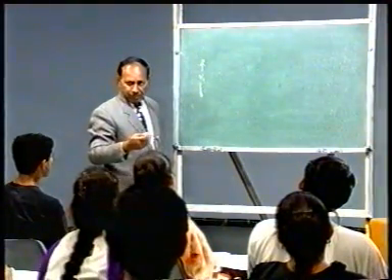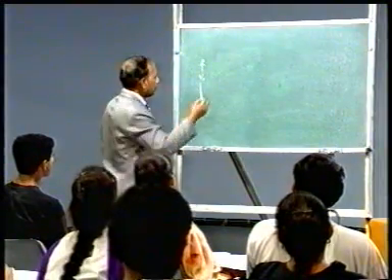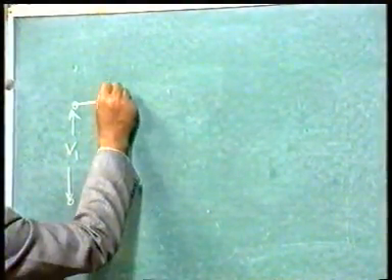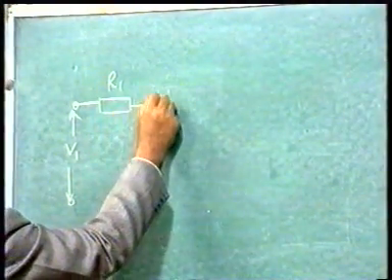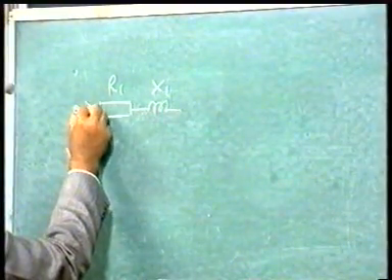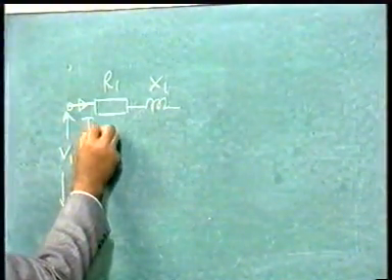Right? Now on the primary you have R1 and X1, the voltage drop I1R1 and I1X1. That should be represented by a resistance R1 and a leakage reactance X1 through which a current I1 flows.